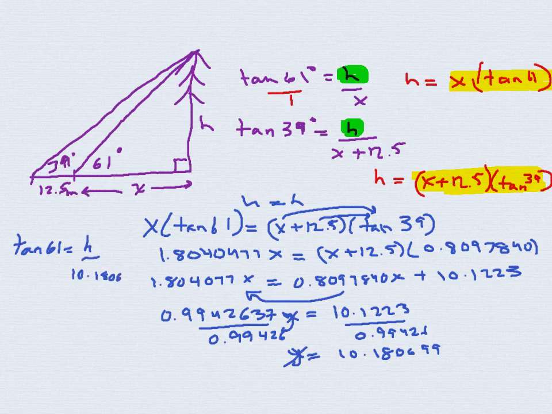You can solve for h by doing your 10.1806 times the tan of 61, and it's going to give you 18.3664, which is 18.4 meters.